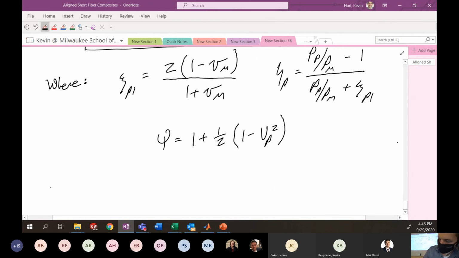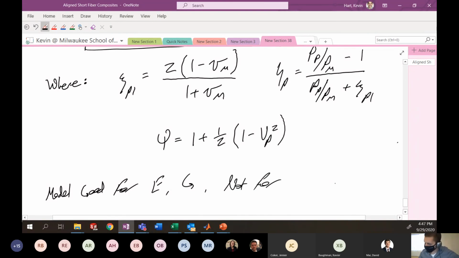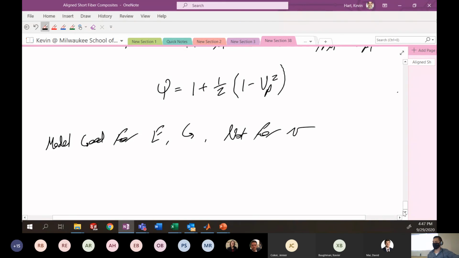So generally this model is good for modulus E and G, but not for Poisson's ratio. It's not the best for Poisson's ratio. And again, I'm not specifying a direction here because it's an isotropic material, we're assuming.